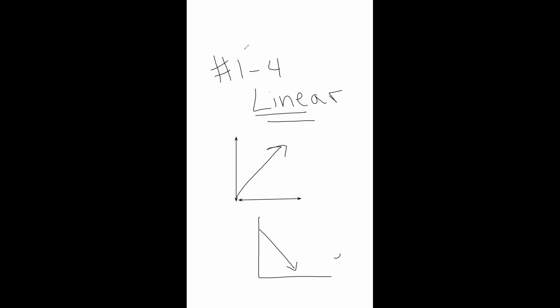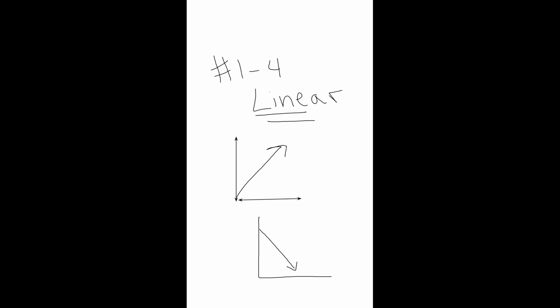Exponential have those curves in it, like this or like this. But linear will have those straight lines in it. So that's important to remember. Okay, so that's when you're just looking at a graph and you're just saying, oh, that's a linear graph. Oh, that's an exponential graph. Okay, so that's numbers 1 through 4.